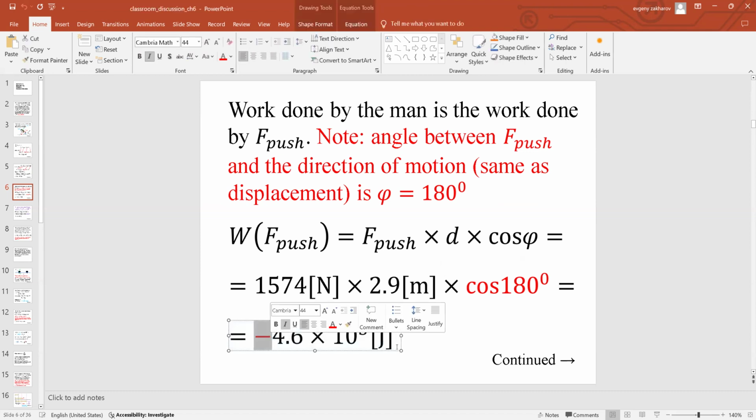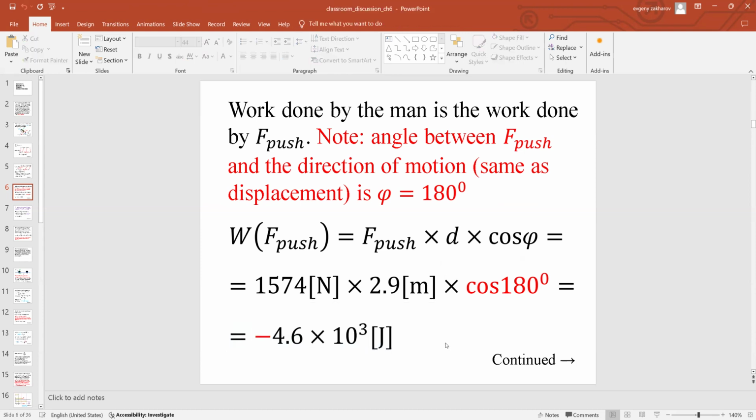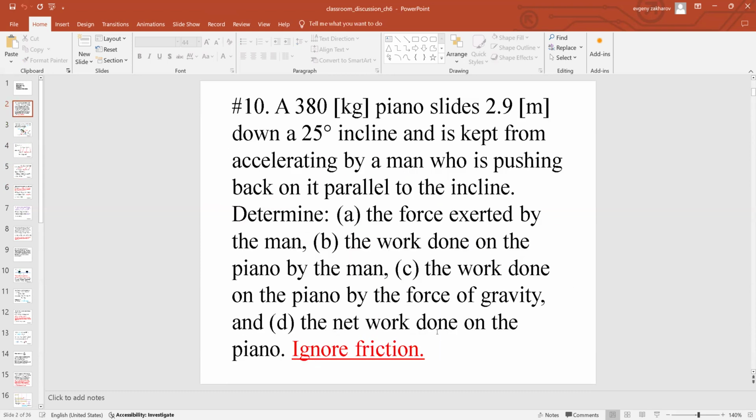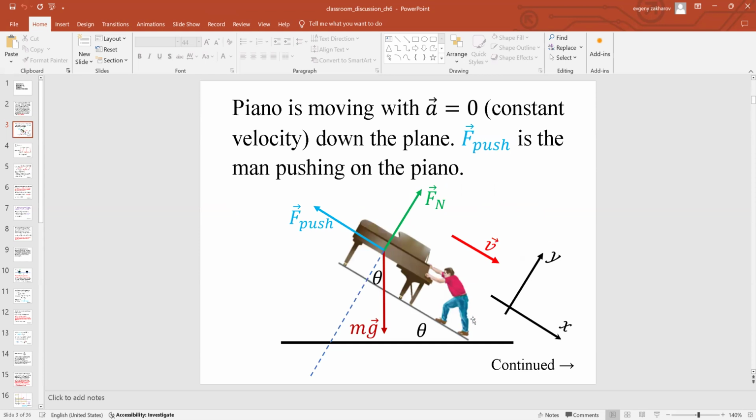It's very important that it's negative, because negative means what? It's the energy transfer not to the system, but out of the system. It's the piano that should have been accelerating, right? It's going to gain kinetic energy and accelerate and move faster and faster downward, but there is the force of a push from the man that slows it down. It prevents the piano from accelerating, so the piano loses its energy.